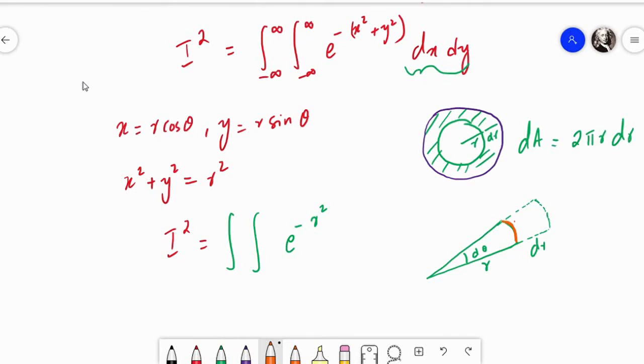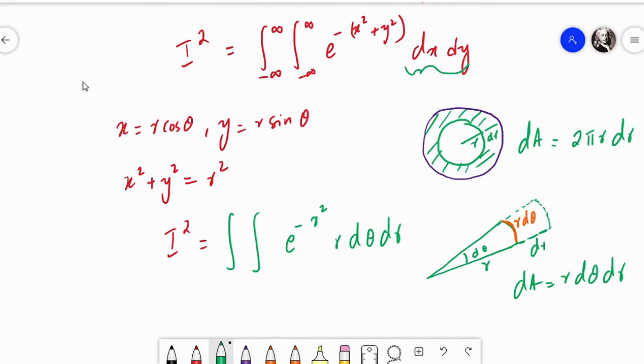So we have the small increment in dr as that, and dA is just r d theta dr. Both of these imply the same thing. So in the above integral, instead of dx dy, I can write r d theta dr.